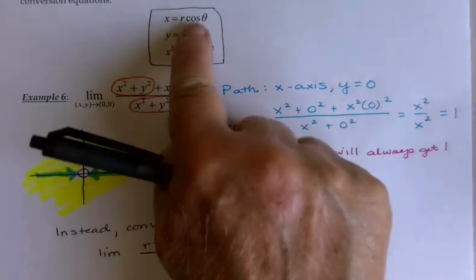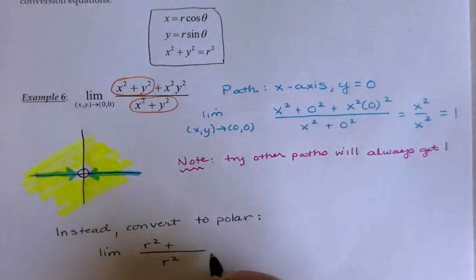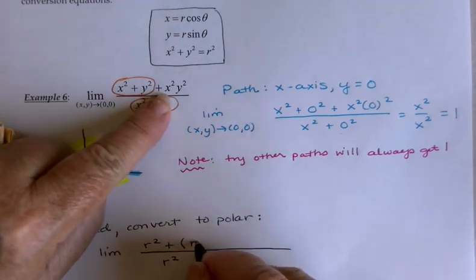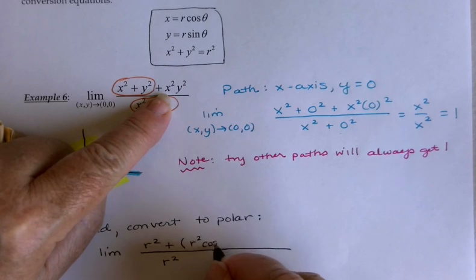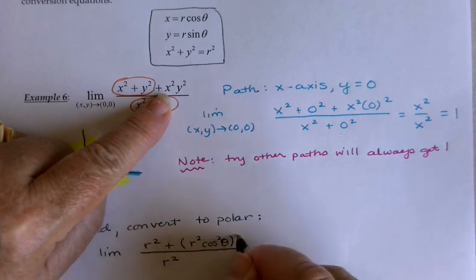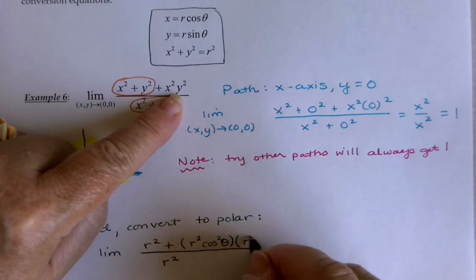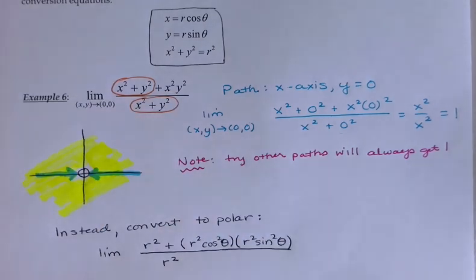And then this I'm going to have to write out. x squared would be r squared cos squared theta times y squared, which would be r squared sine squared theta.